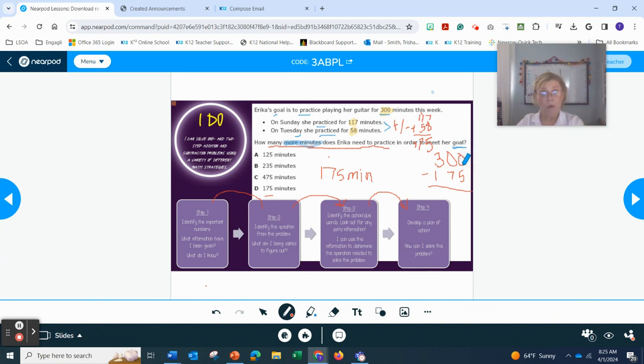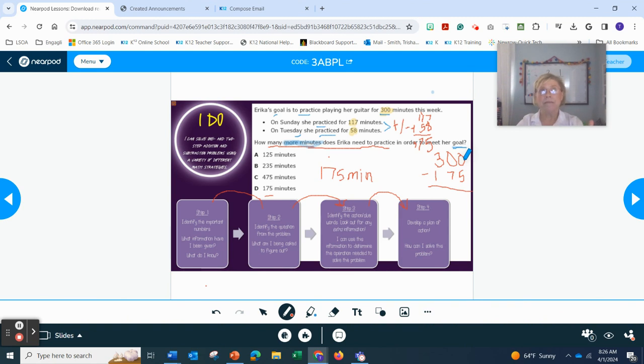We had that whole goal of 300 minutes that Erica wants to practice. And she's already practiced for 175. We're going to compare them. When we compare, we're subtracting. 300 minus 175. We're going to start once again in our ones column.